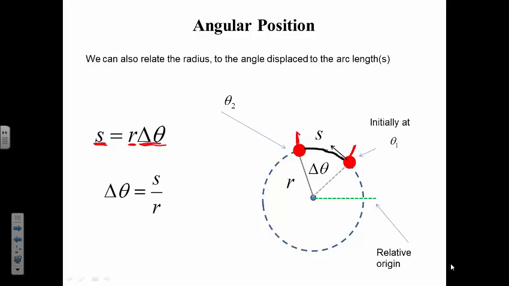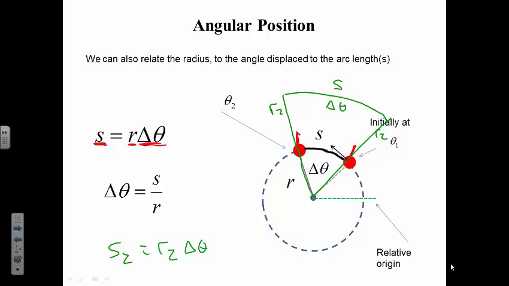If your r was much larger, way out here, and you swept out the same delta theta, this R2 would then have an S2 of R2 times delta theta. This S2 out here is much larger, even though it's the same angle, because R2 is bigger, so you had to cover a larger distance.